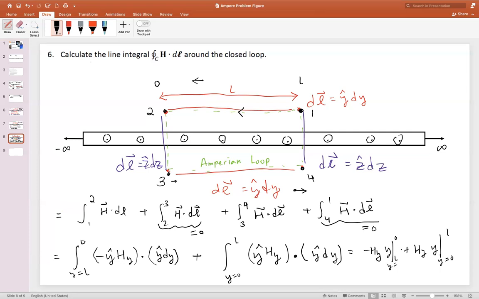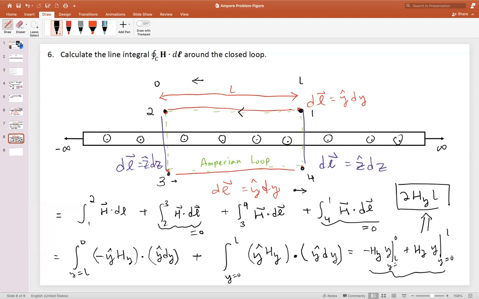And when you combine these, we see that the final result is going to be 2HyL as the final result of these two integrals.